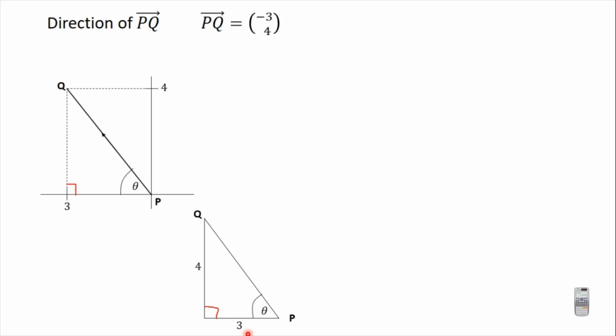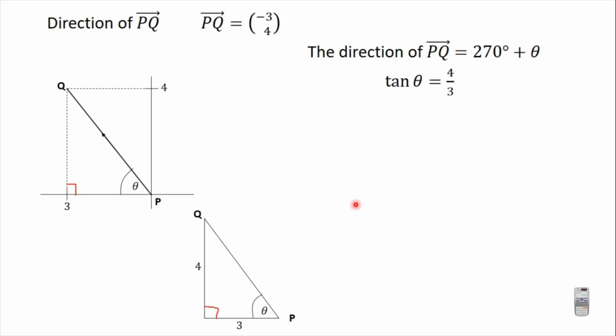So I can use tan. We know that the direction of PQ is equal to 270 degrees plus theta, as we just explained. So we are finding theta. Tan theta is equal to opposite, which is 4, divided by adjacent, which is 3. So theta is equal to tan inverse of 4 divided by 3, and that, corrected to 1 decimal place, is 53.1 degrees.